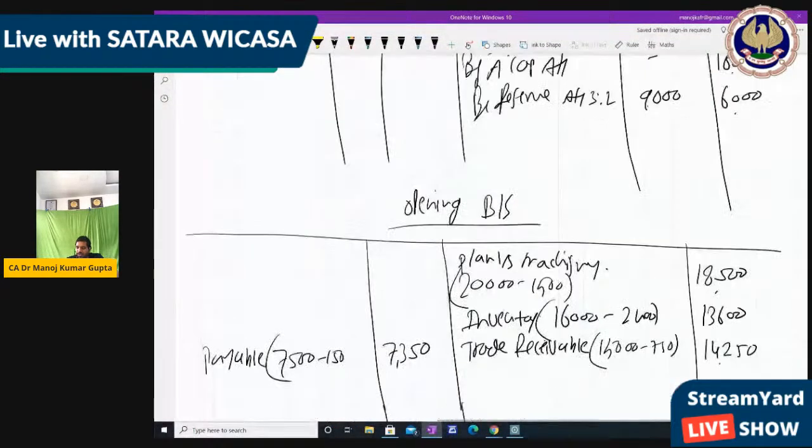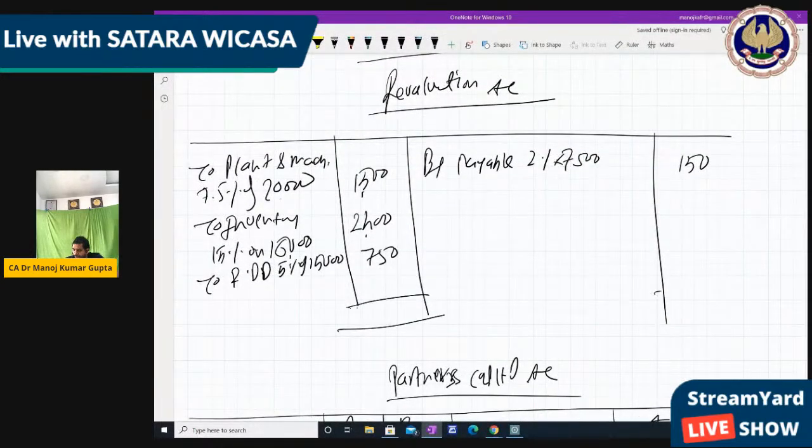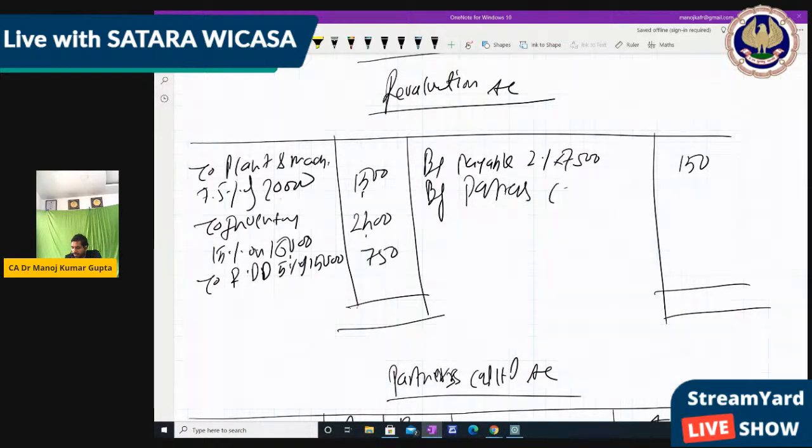First we close the valuation account so that we get the valuation profit or loss. Here this time is the profit. So by partner capital account A and B, because this will be shared by everyone, 1,500 plus 2,400 plus 750, 4,650.